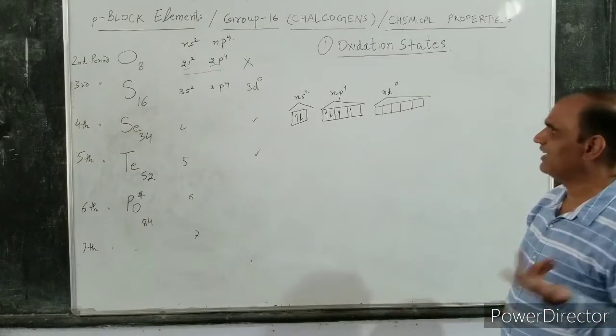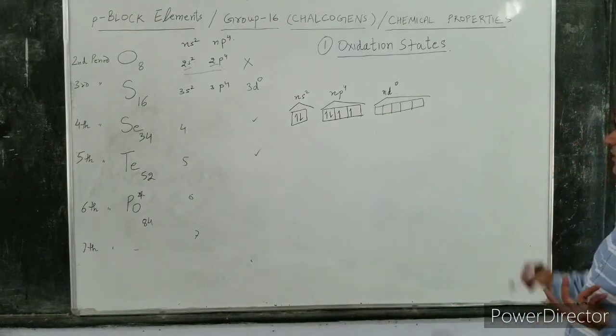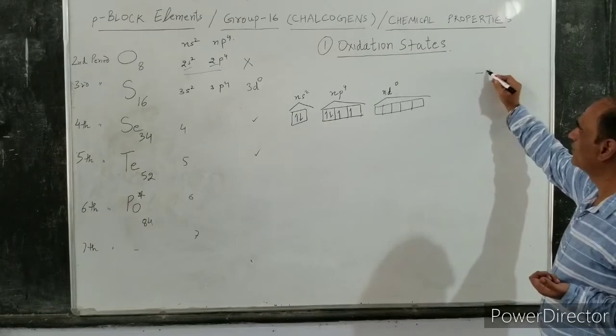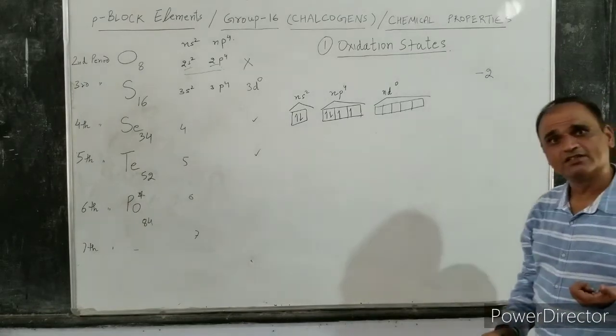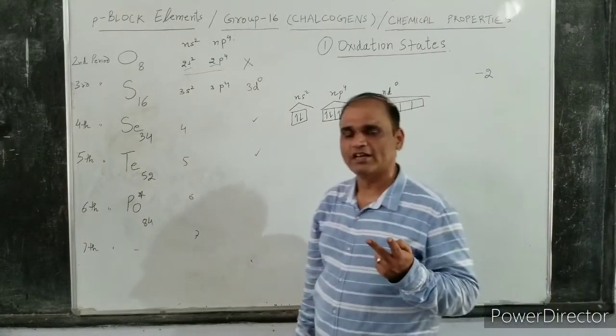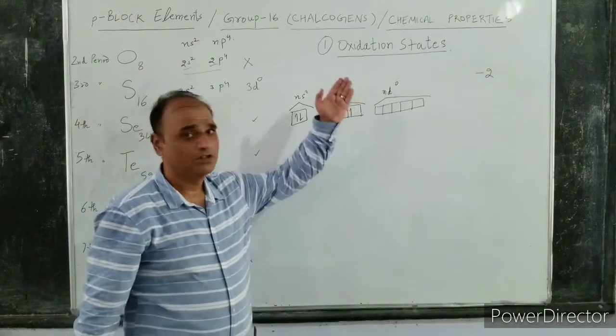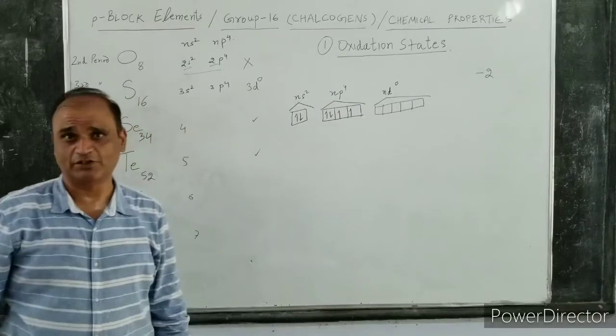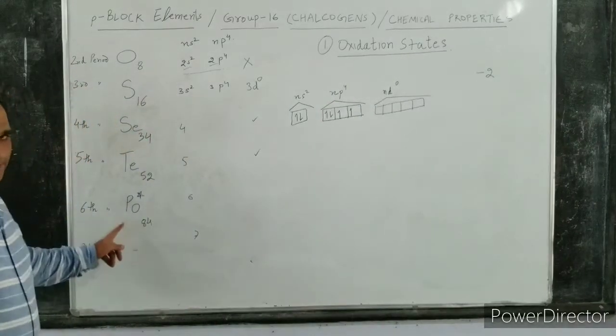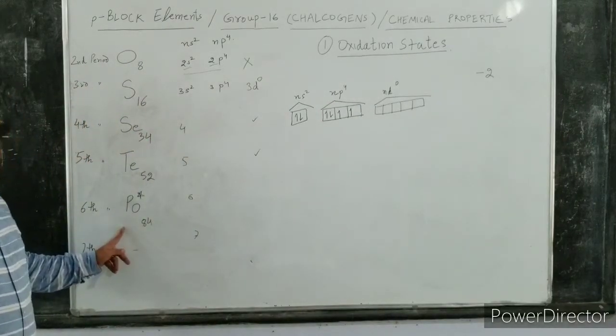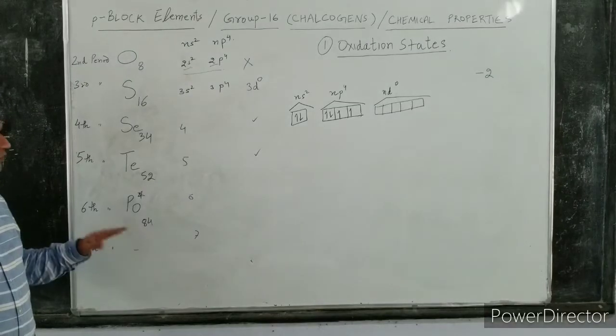So all these elements have a tendency to show -2 oxidation state. These gain 2 electrons, get stable, get fully filled configuration. So all these elements show -2 except polonium. Polonium does not show -2. Why?